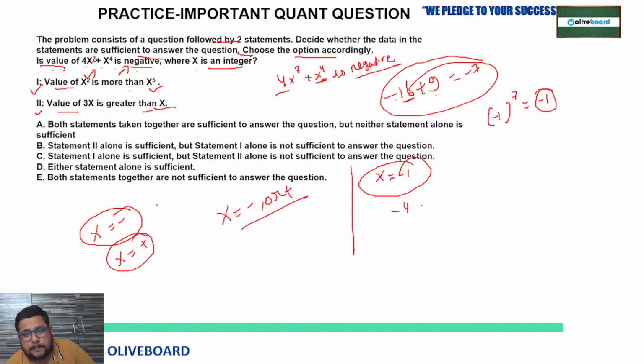So -4 plus -1 to the power 4. If the power is even, then the negative value becomes positive after multiplying. -1 to the power 4 is going to be 1. So -4 plus 1 is -3.